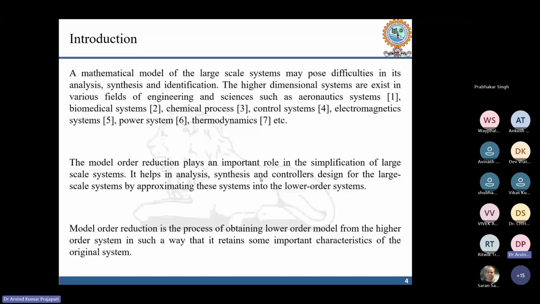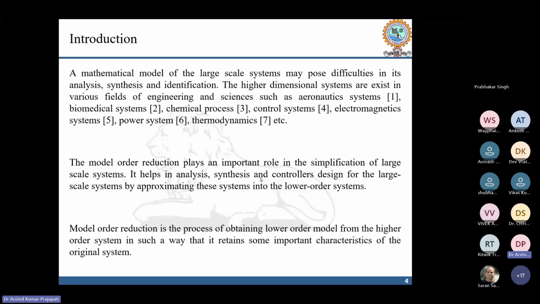To overcome these, model order reduction was proposed, initially in 1967, and after that several works have been going on in model order reduction. So model order reduction plays an important role in the simplification of higher order systems.